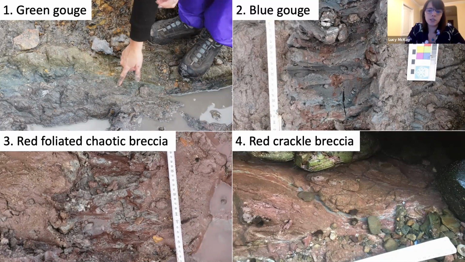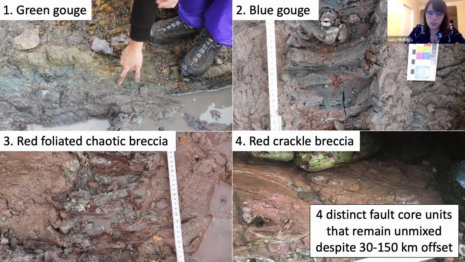Thin sections were made for each of these units as well, which I'll show you to help explain the observations. It's important that there were 4 distinct units that remained unmixed despite such a large offset on this plate boundary fault.